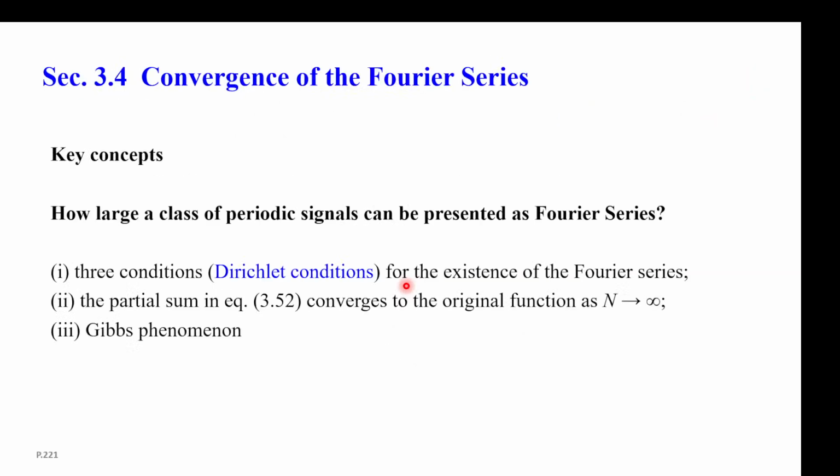Okay. So today we are mainly going to cover the convergence of Fourier series, and we will give conditions on the periodic signals, such that if the signal satisfies these conditions, then we think the convergence of the series makes sense, and the Fourier series representation makes sense.